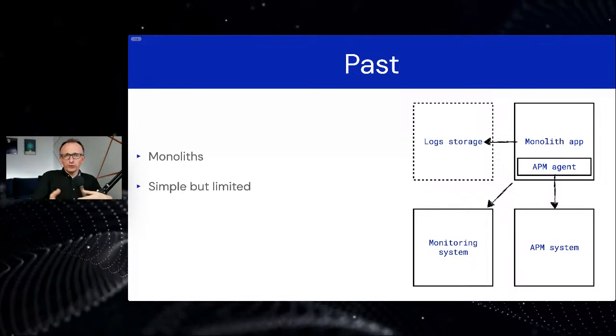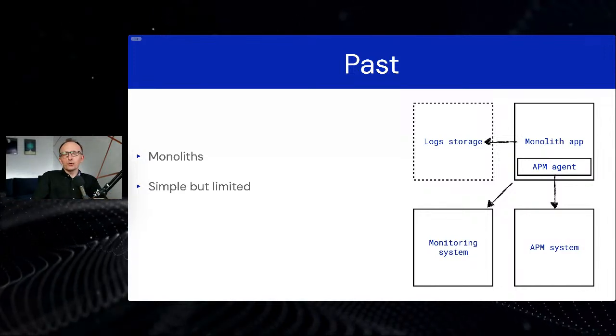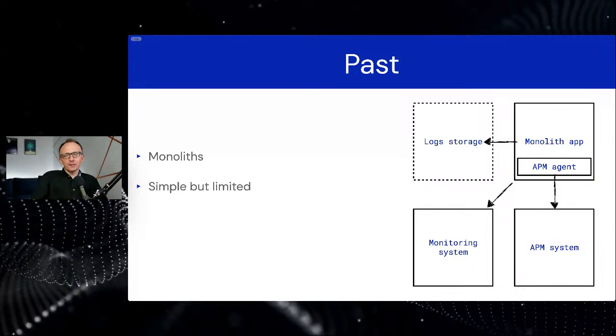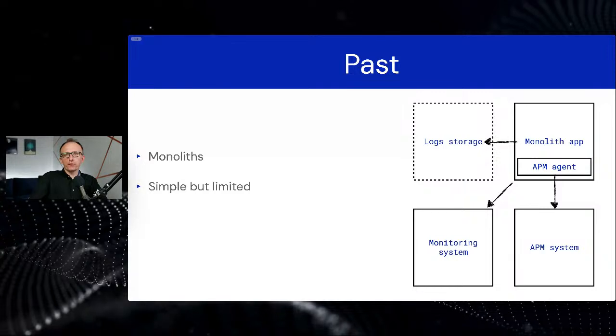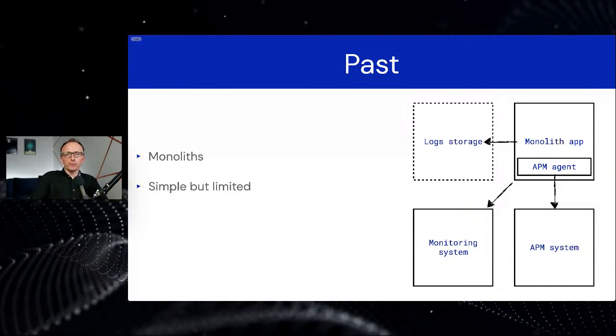When it comes to monitoring or other metrics, of course, there were and still are some systems built just to gather metrics and perform some operations, including raising some alerts, for example.